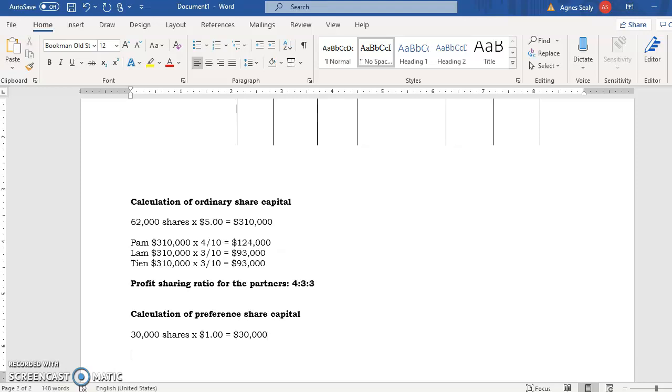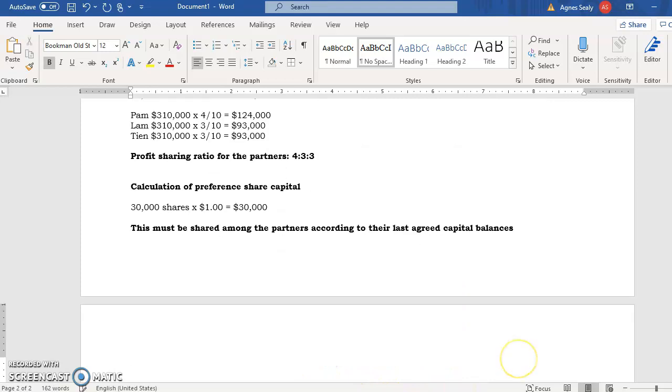Now this $30,000 must be shared among the partners according to the ratio of their last agreed capital balances.